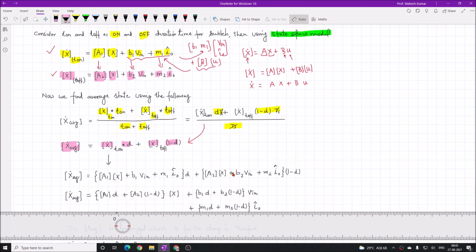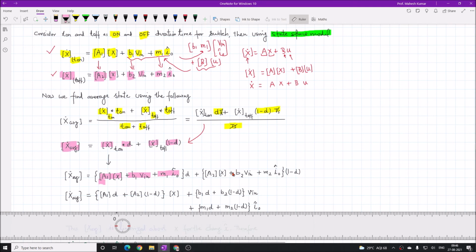This average state is further simplified by substituting the x dot t on and x dot t off. So what is x dot t on? From this is x dot t on. So we substitute back here. So x average dot becomes A1 into x plus B1 into B in plus M1 into I0 cap, into d.